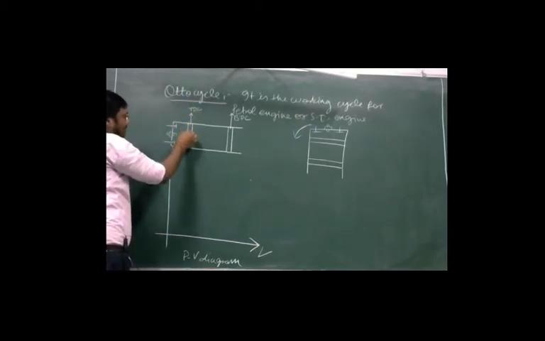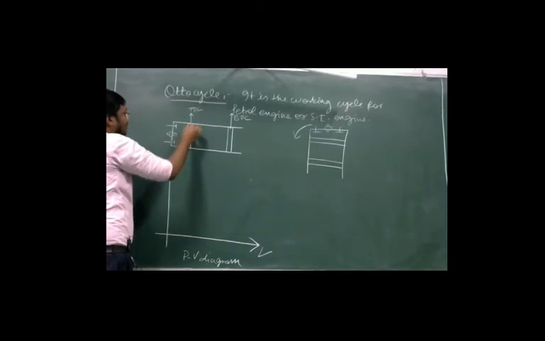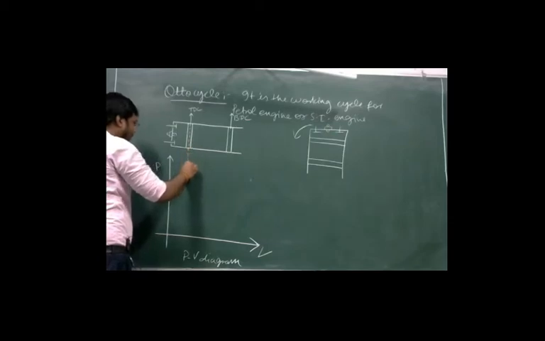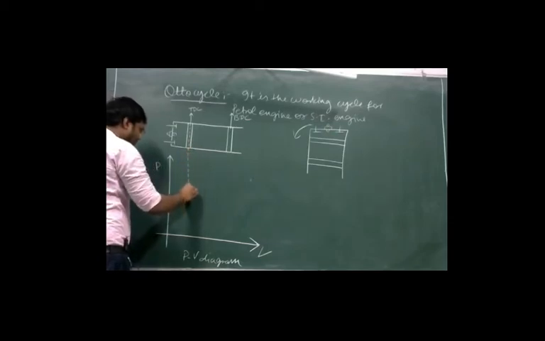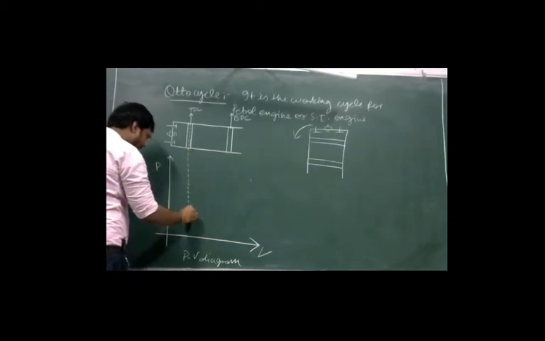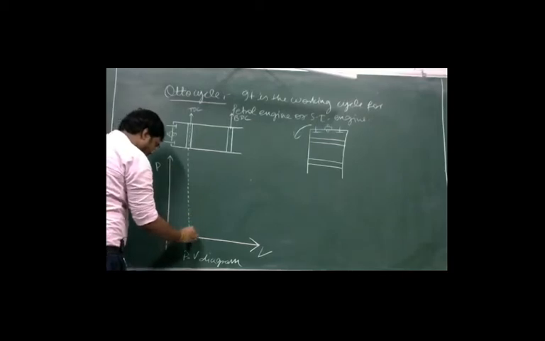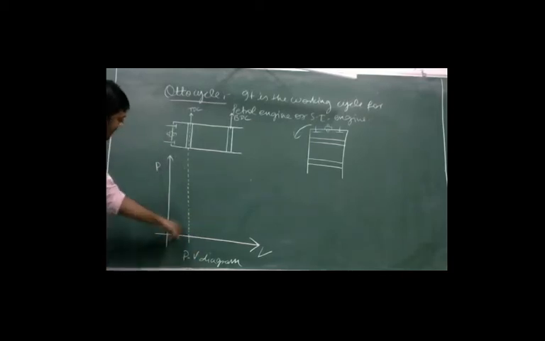As I said, piston is at TDC. So corresponding to this position, I am going to draw a line. This line represents the TDC position of the piston.